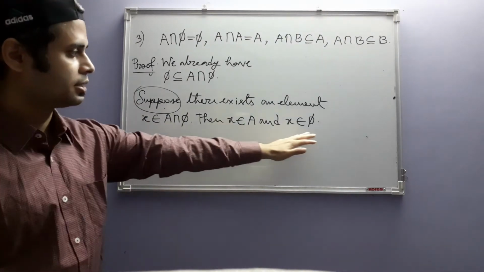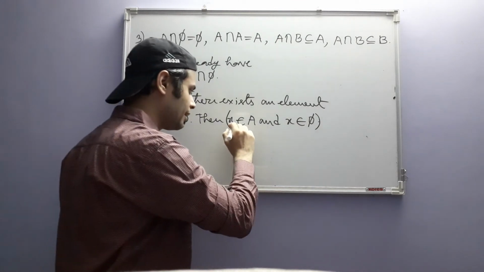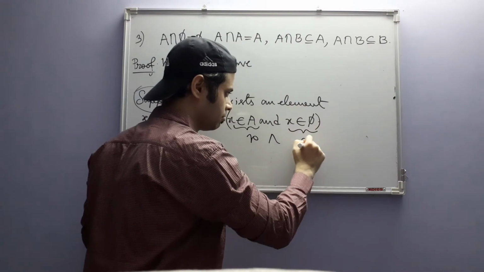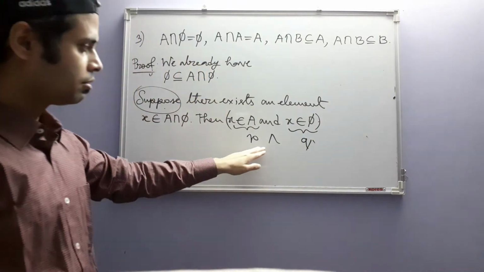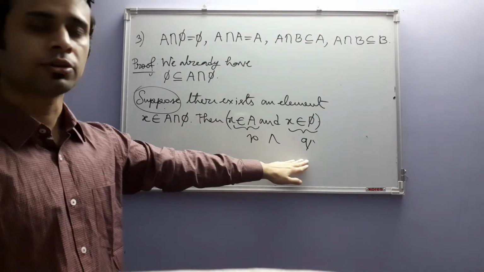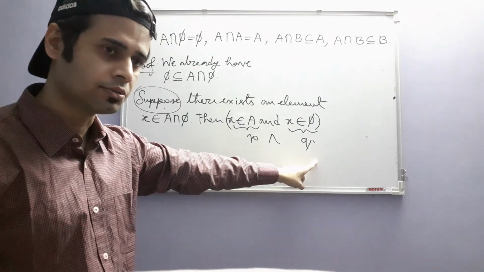Now what about this statement? This statement is a conjunction, P and Q. If you recall from the definition of conjunction from mathematical logic, when is a conjunction true? When both P and Q are true.